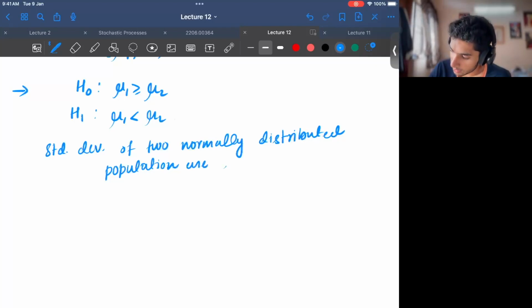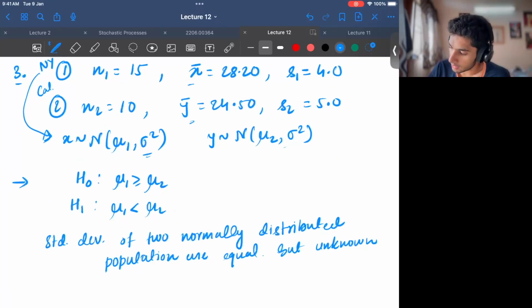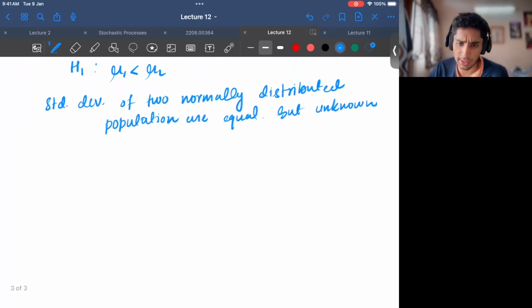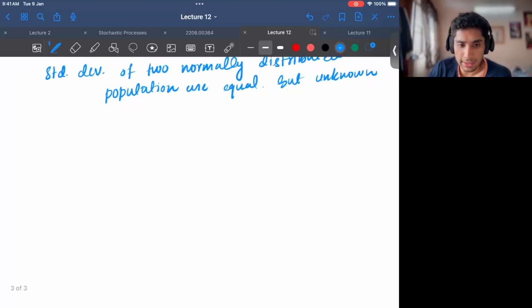So the standard deviation here is equal but unknown. So sigma squared and sigma squared, both the distributions have the same standard deviation. So in this case, when you have to compare the means of two Gaussian distributions whose variances are unknown but they are the same, what is the test statistic?